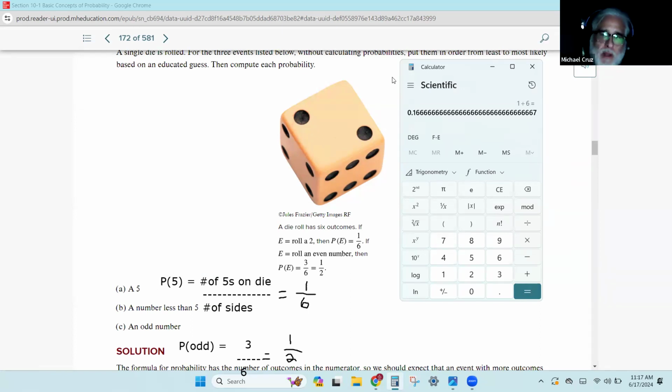So it's a little over 17%. You can convert 1/6 into a percent. 0.1666. Okay, got it. If you multiply by 100, that's 16.7%. Sure is.